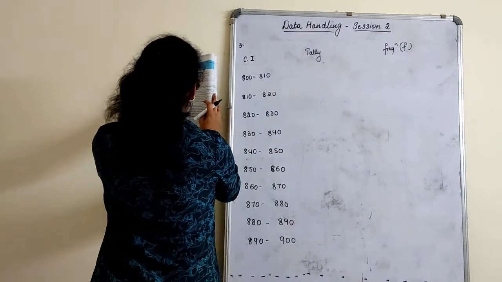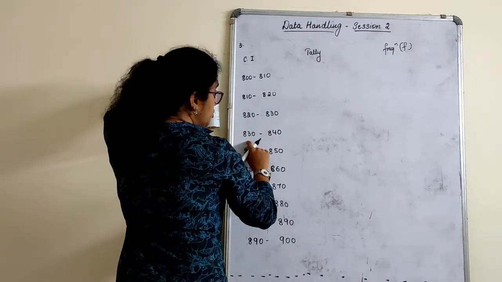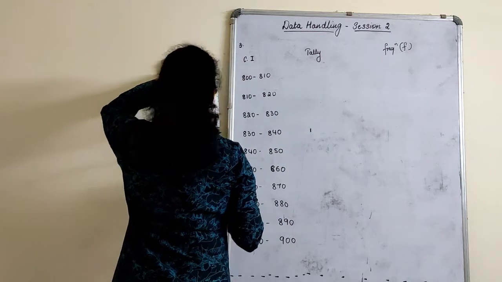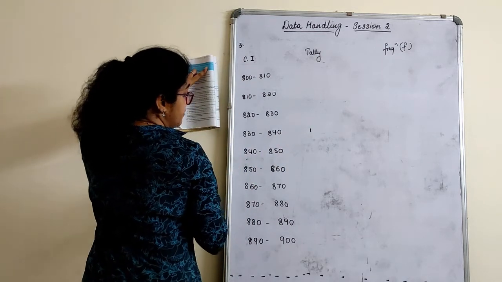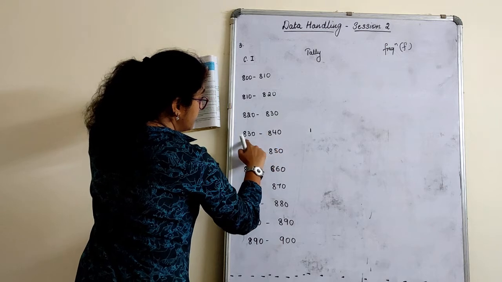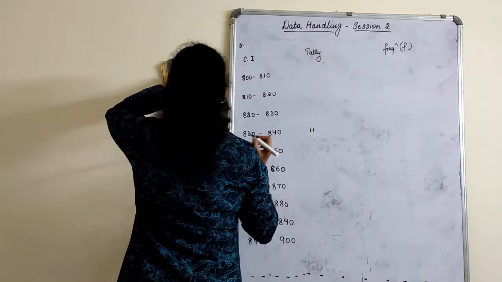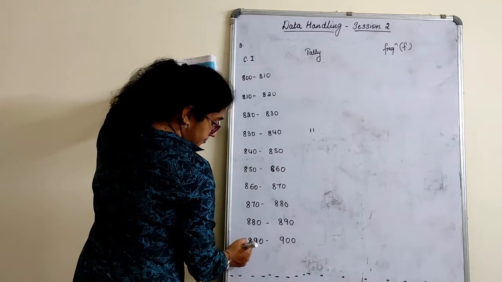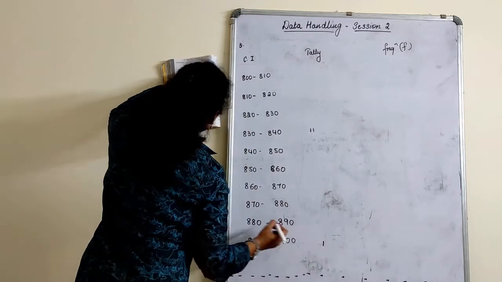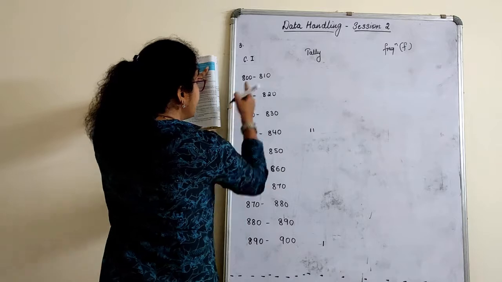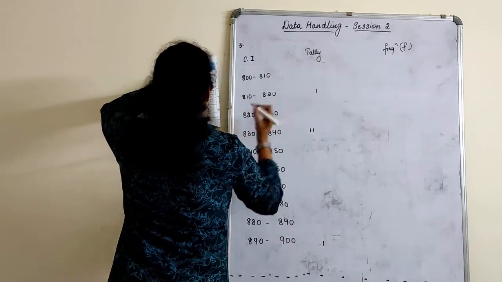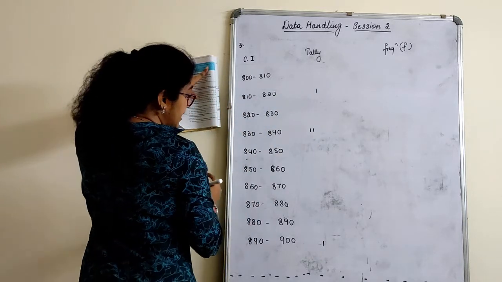So my first score, 830, should come here in the tally. Next is 835. So 830 to 840. It again comes here. Next is 890. It comes in this. Next we have 810. It comes in this. Next we have 835 again.